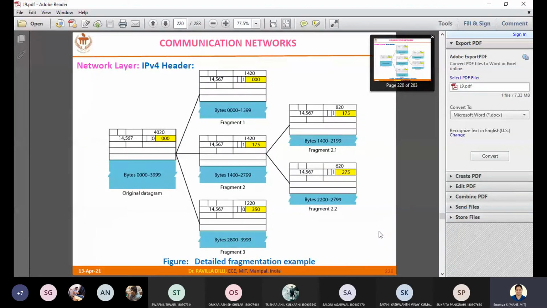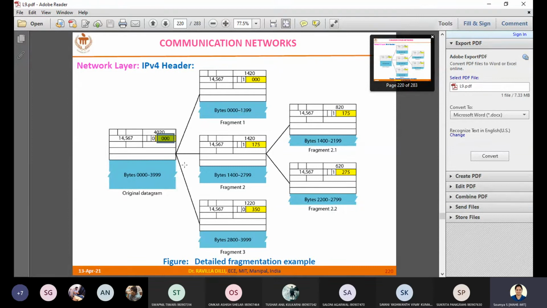This is another example of fragmentation. These are the different bytes. This is the original datagram, and its bytes are 0000 up to 3999, that is totally 4000 bytes of data. Initially, the fragmentation offset is given as 000.